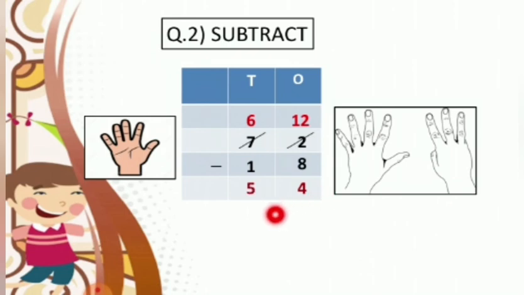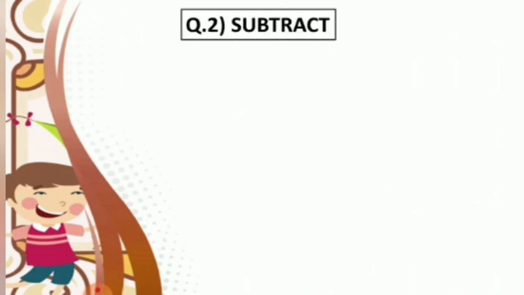So what's the answer? 72 minus 18. You get the difference of 54. Now let's move to the next slide. It's the same question. We are going to do the second question.